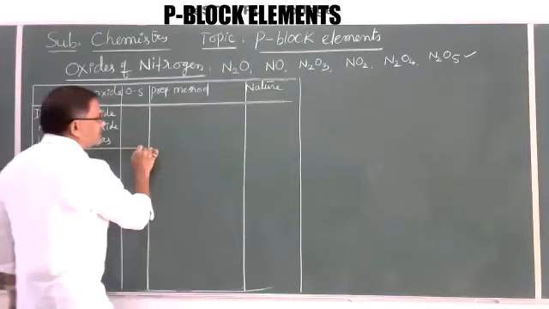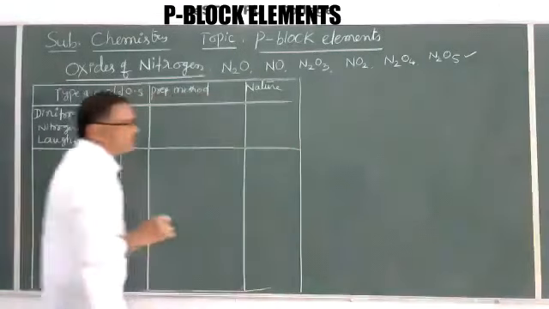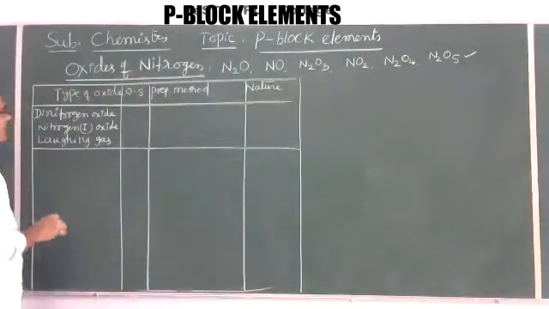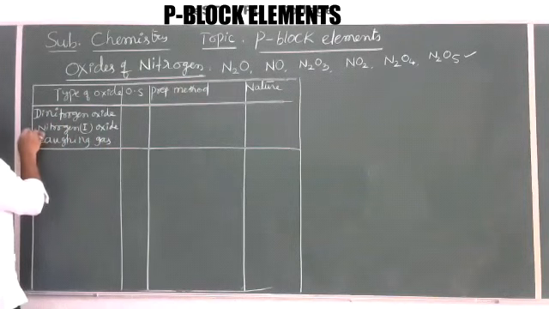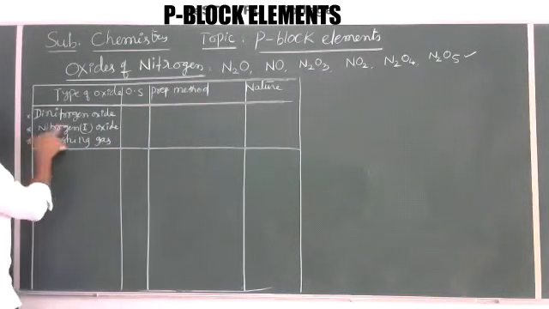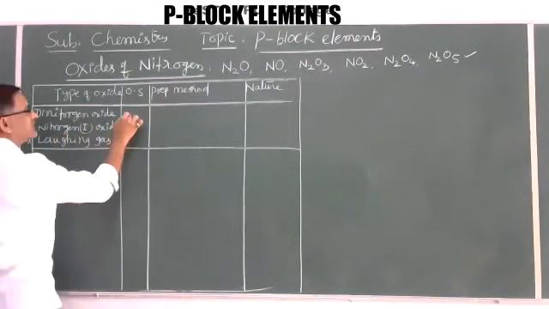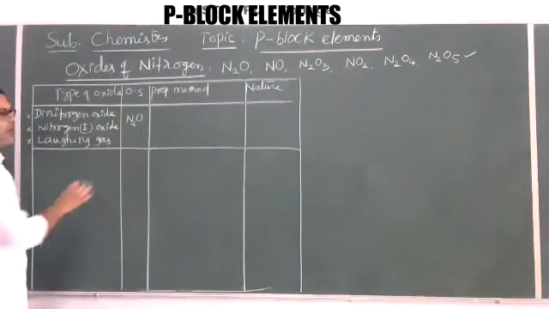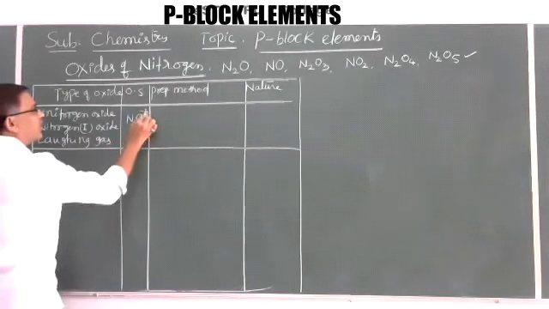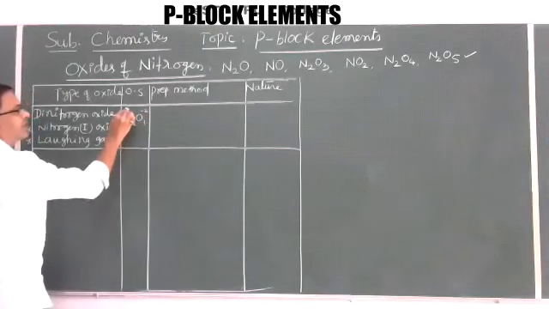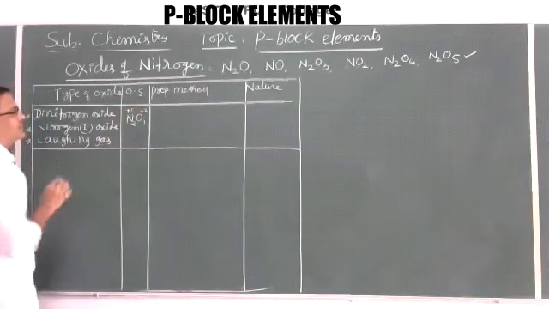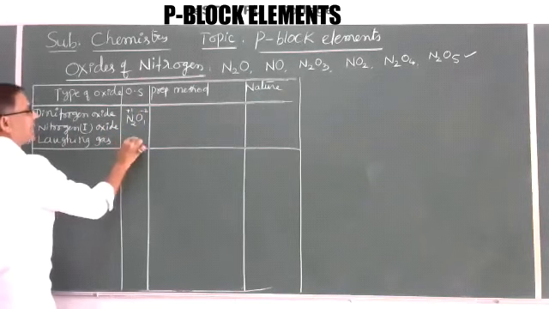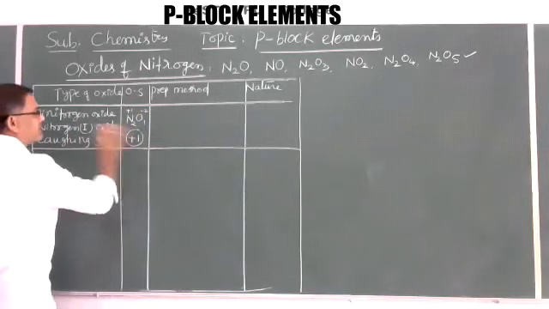Now make a table for this. These are the three important points. Nitrogen 1 oxide means its symbol is N2O. Oxygen is -2, and only one oxygen is there, so compulsorily nitrogen has a +1 oxidation state. That's why its oxidation state is +1.